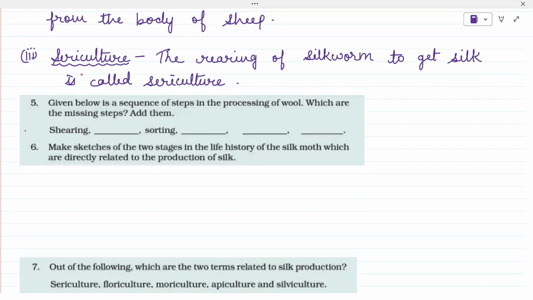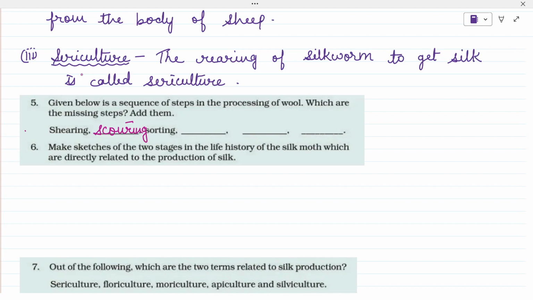After that, it comes to scouring, right? Scouring means cleaning the fleece, right? Then comes sorting. Now, after cleaning or scouring, we will sort the fibers, right? Based on the quality, the length, the color, based on our requirement.